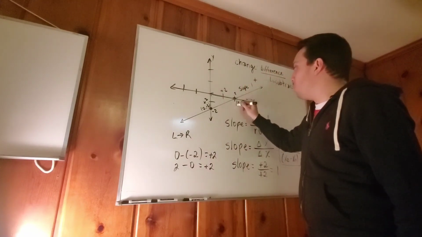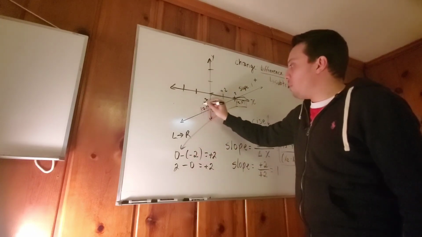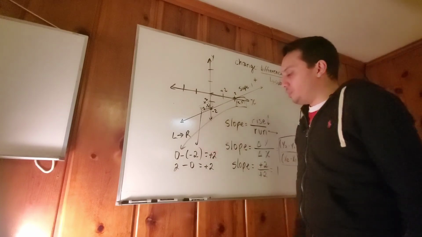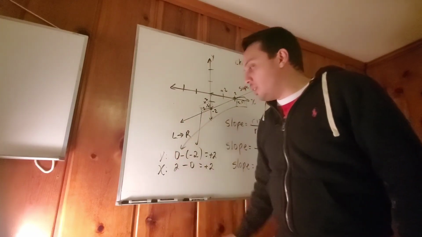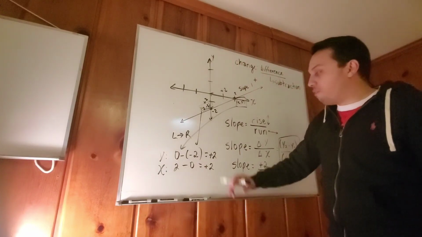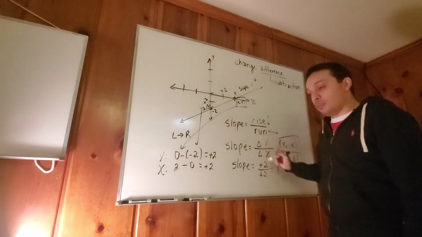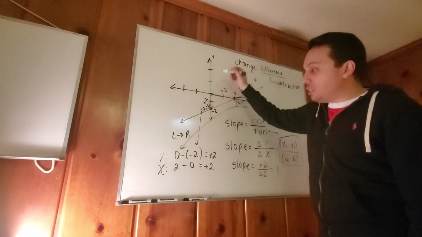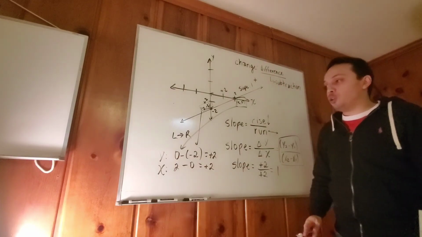I grabbed this second point and I put it first. And I grabbed this second point and I put it second. Where I put the y's first and then the x's. This is where people need to keep track of their numbers. For slope, you always have to put y on top and then the x on the bottom. Up and down on top, left and right on the bottom. And that's how you do that one.